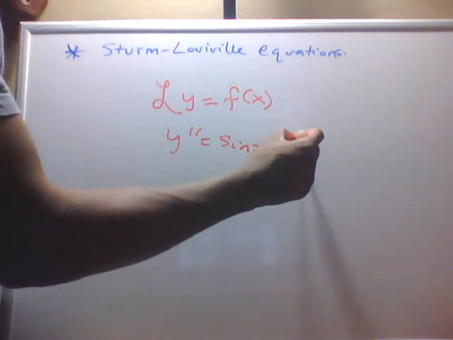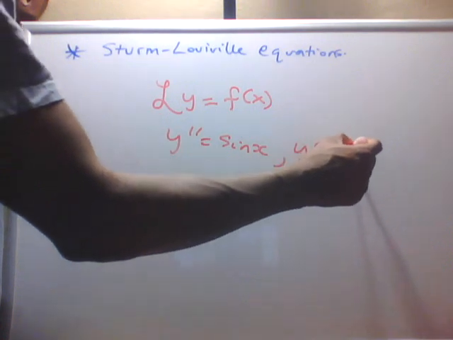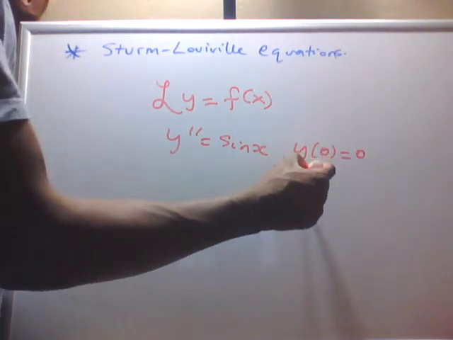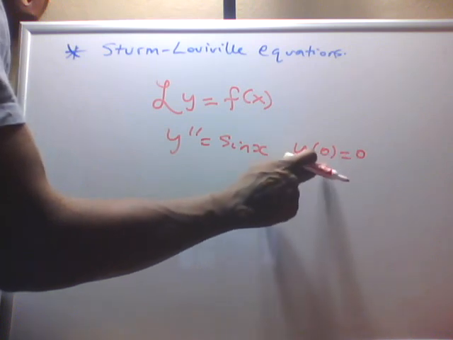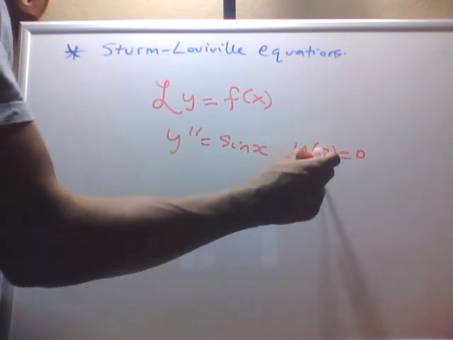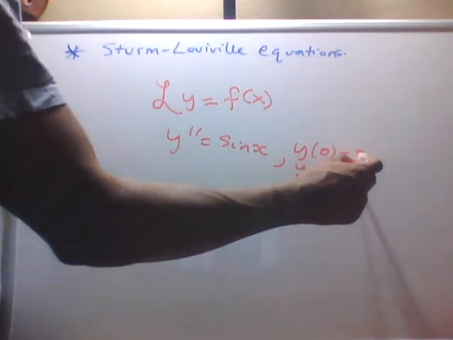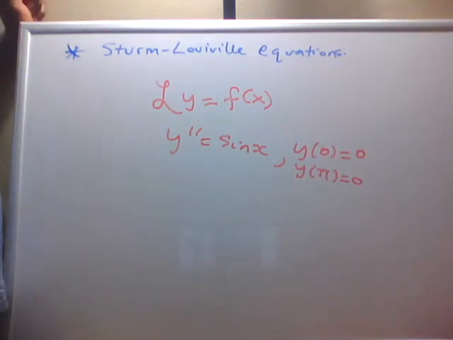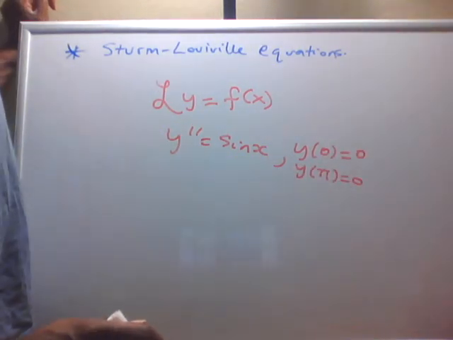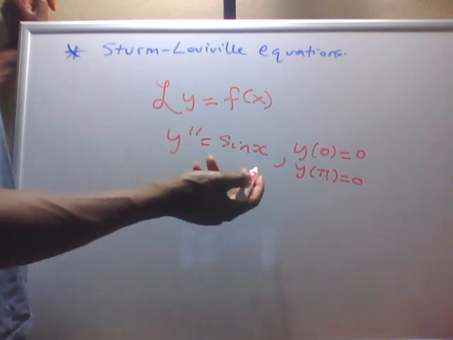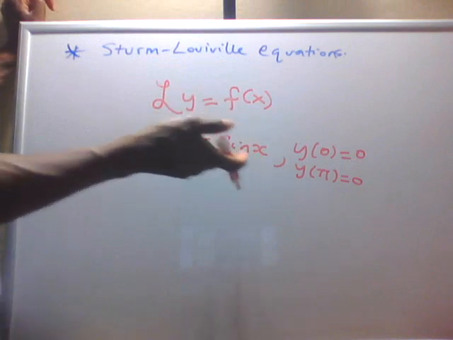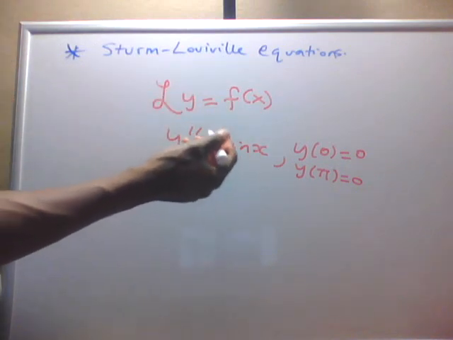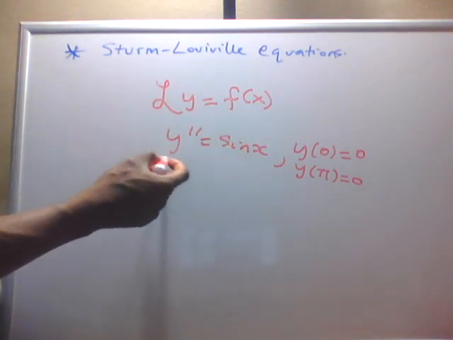And I'm giving you the same conditions, say y of 0 equals 0, y of L, let's say y of pi equals 0. Then, this is really easy, and that's why I've been thinking of whether I should use the example, but I'm thinking it may actually make sense to try something simple that you guys can verify.